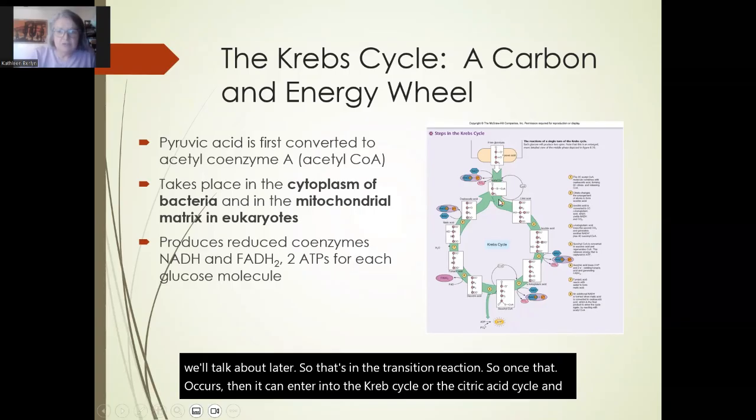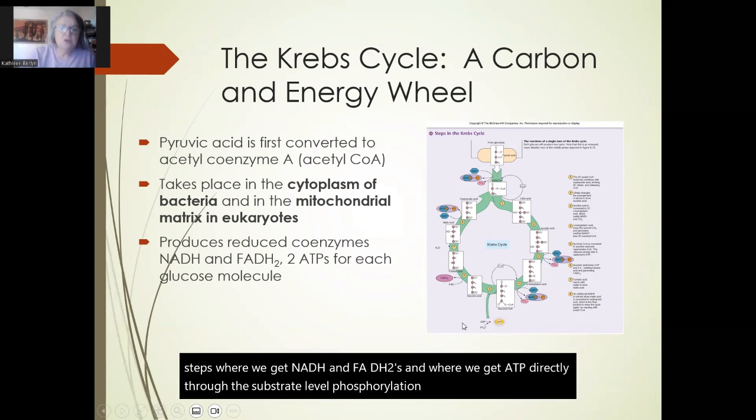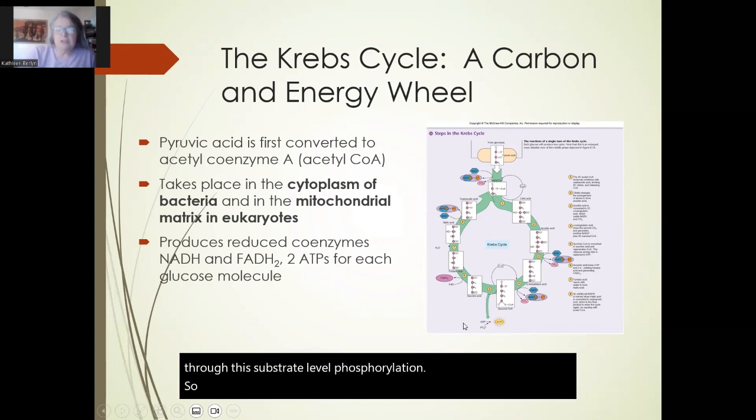Here we can see an overview of this cycle as well, with all the various steps, where we get NADHs and FADH2s, and where we get ATP directly through substrate level phosphorylation. We're going to watch a video on this process as well.